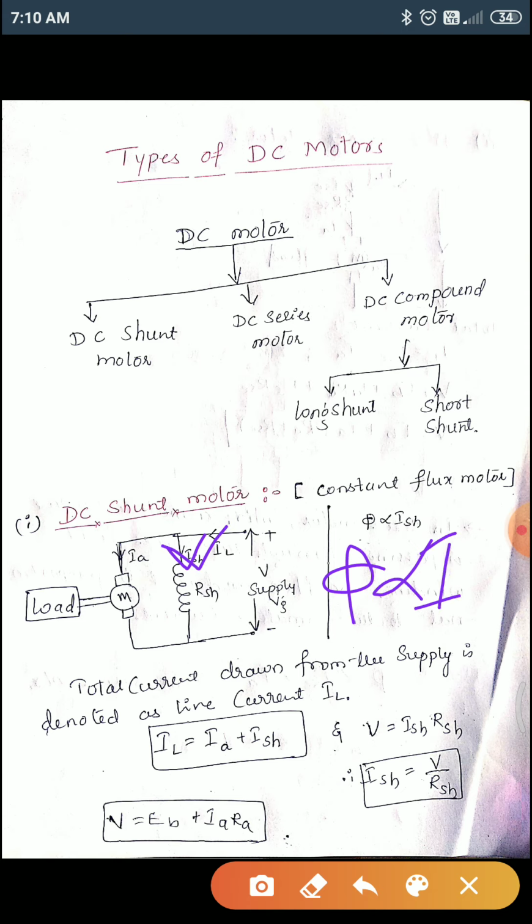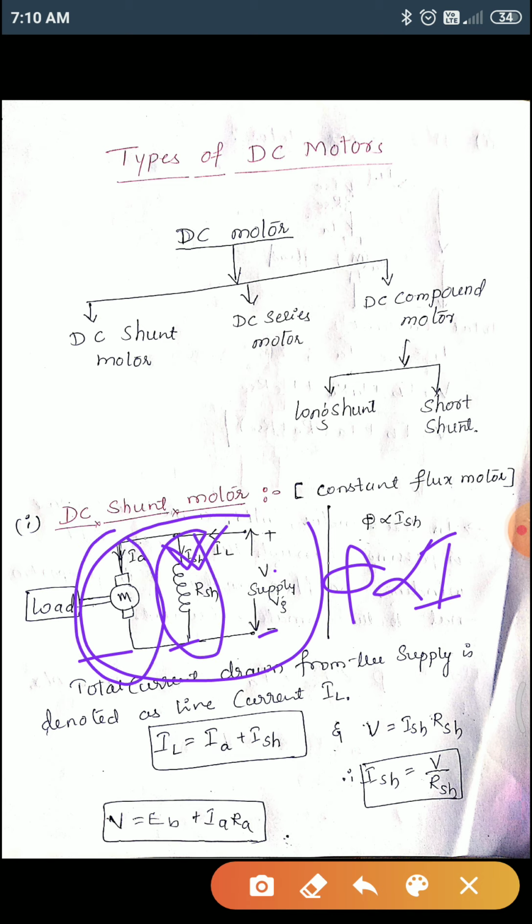As we have seen, the supplied voltage is in parallel with these two, so the voltage remains constant. As long as the supply voltage is constant, which is generally so in practice, the flux produced is also constant. Hence this DC shunt motor is also called a constant flux motor.